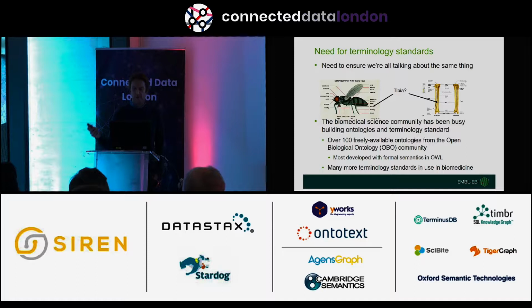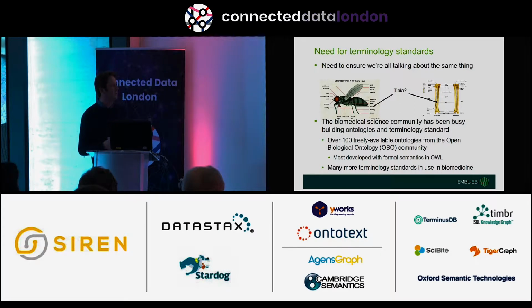A lot of this work to develop standards around terminology is coordinated through the Open Biomedical Ontologies community. This is a community of ontology developers in the life sciences who are agreeing guiding principles for how we should develop our ontologies to make sure that they're interoperable, so that not everyone is just creating a mass of terminologies that don't work together well.